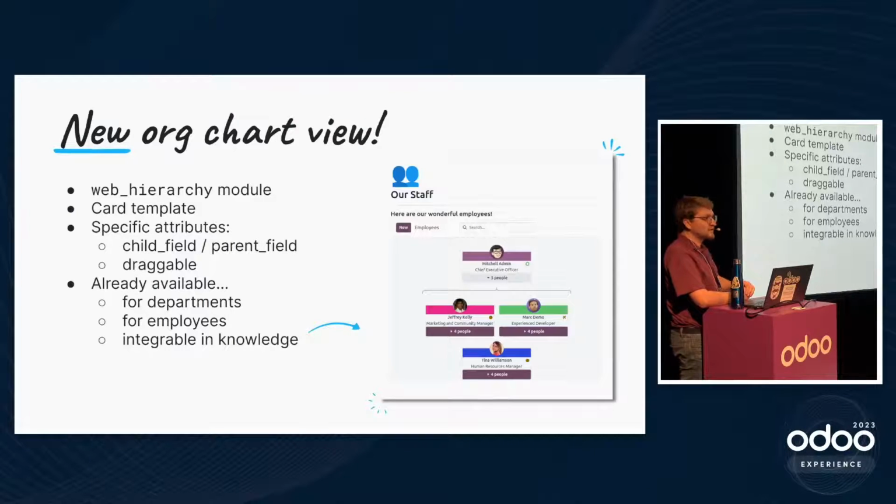We already implemented views like this for the departments and for the employees. It's also notable that you can integrate those views in knowledge articles. On the right, you can see, for example, an article which integrates the view from the employee HR org chart.